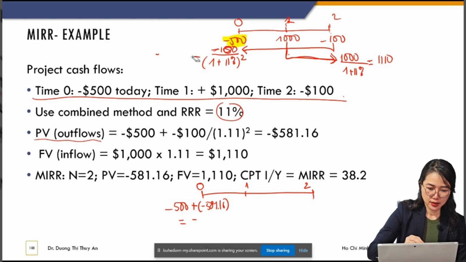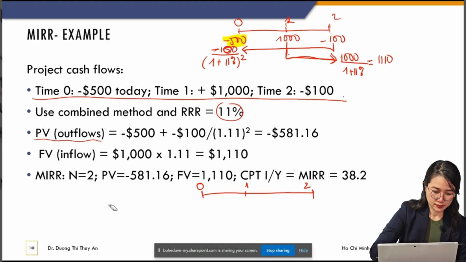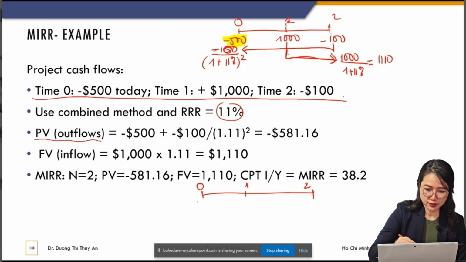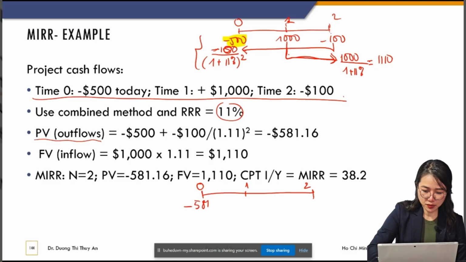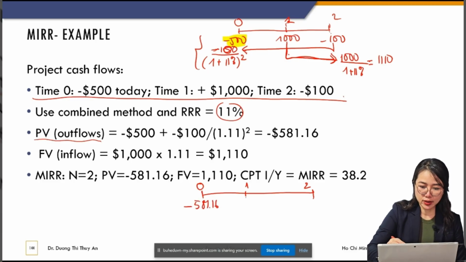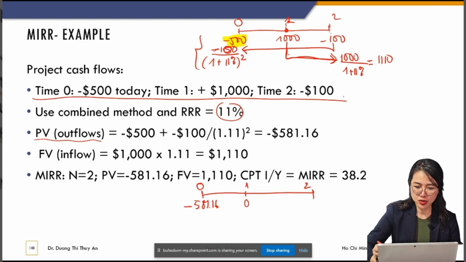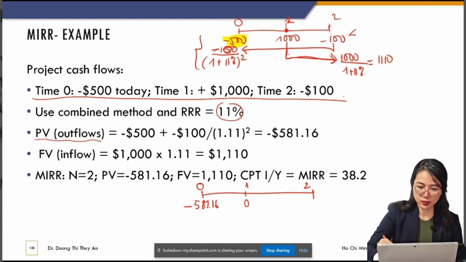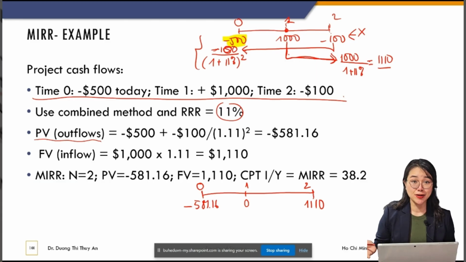After we add them, we take the two together. We have 481.16 here, and at year 1 we have no cash flow left because we already brought 1,000 to the future. And at year 2, we don't have this number anymore, because we already brought it to the present value. We only have this number. Okay, look at our new cash flow. Yeah, it becomes the ordinary cash flow.